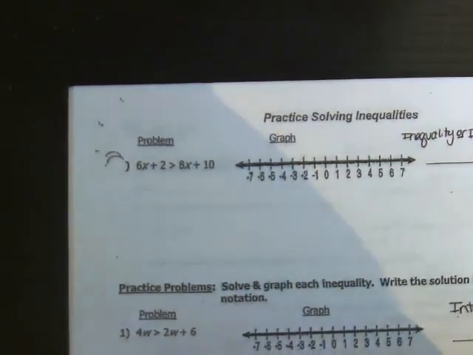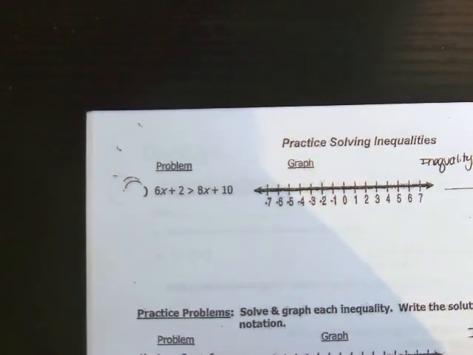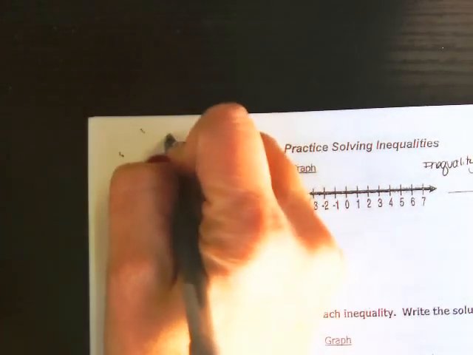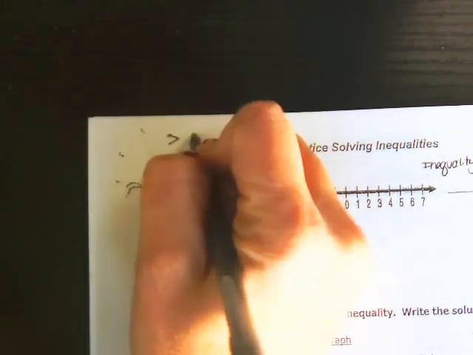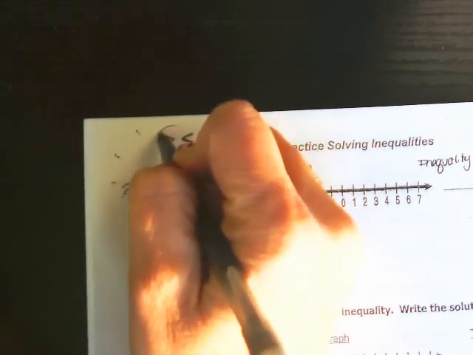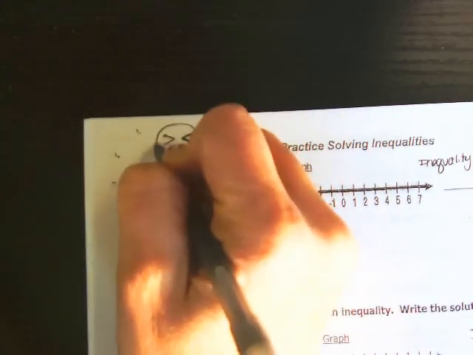Some important things that we need to remember when we're dealing with inequalities is that greater than and less than signs always get an open circle, right?